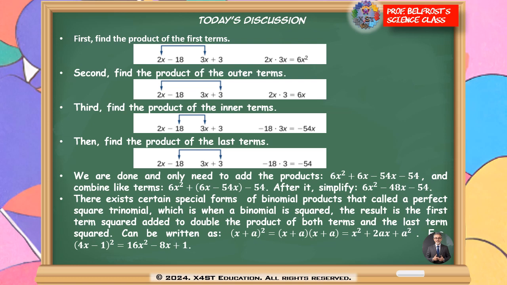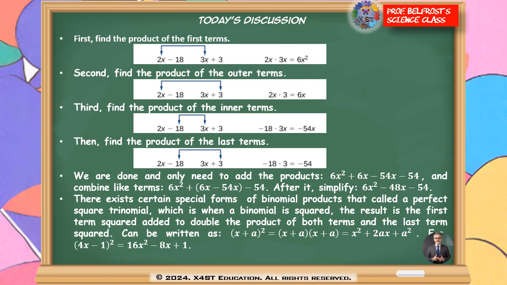Then find the product of the last terms and it gives us minus 54. And we are done with all the multiplication, and we just need to add these products, which gives us 6x squared plus 6x minus 54x minus 54, and then we combine like terms and simplify it, which gives us 6x squared minus 48x minus 54.